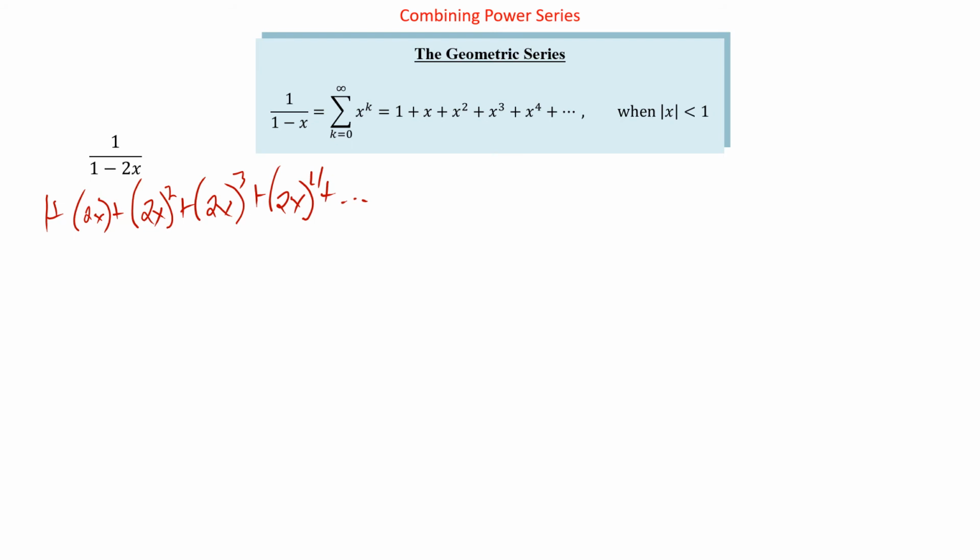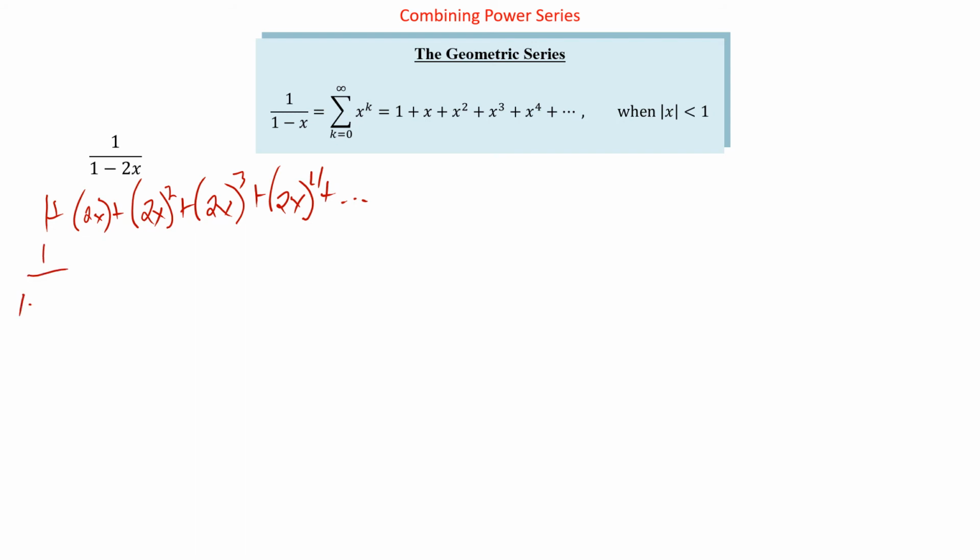This is a composite function, and it's going to have an interval of convergence that is less than what we're dealing with for the geometric series, and we'll find that in a second. But it'll work for all those values. We can take that to the series.